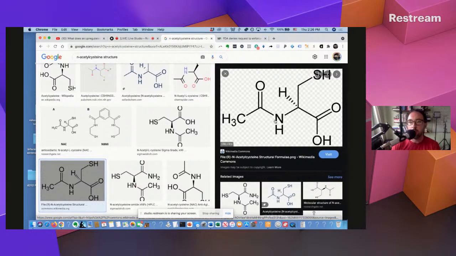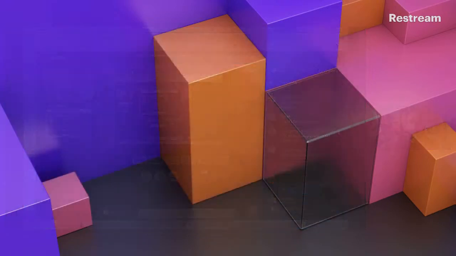So cysteine would be like this portion on the right here, and then there's this giant acetyl group attached to the nitrogen. And I might be wrong, and maybe I should know this off the top of my head better, but I'm just going to guess from the structure that this acetyl group is just getting in the way of things reacting with the sulfur group because it's nearby and it's big. And when things are nearby and they're big and the big thing gets in the way, that's called steric hindrance.